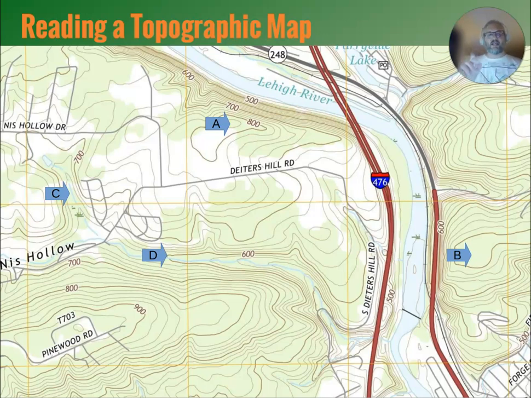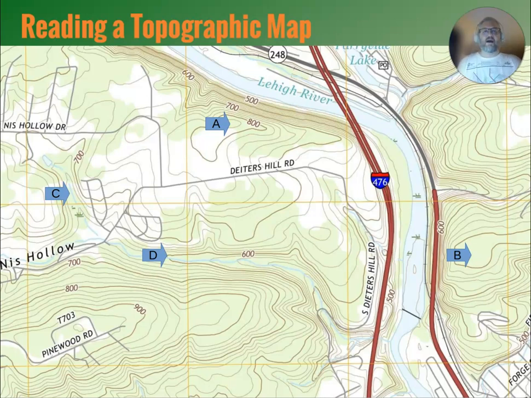So that intersection of Dieters Hill Road and Nis Hollow Drive is between 760 and 780 feet above sea level. Okay, so you can do that at any point on this map. You could figure out its elevation within a range of 20 feet based on what contour lines are nearby.